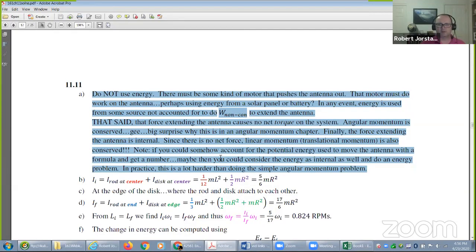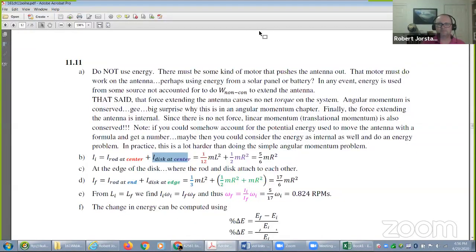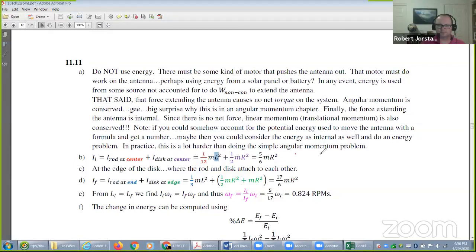So I get 1/12 ml squared. But remember this L, don't forget, the length L equals 2R. Okay. All right. So there's that. Not too crazy. Let's go back and look at the other one.